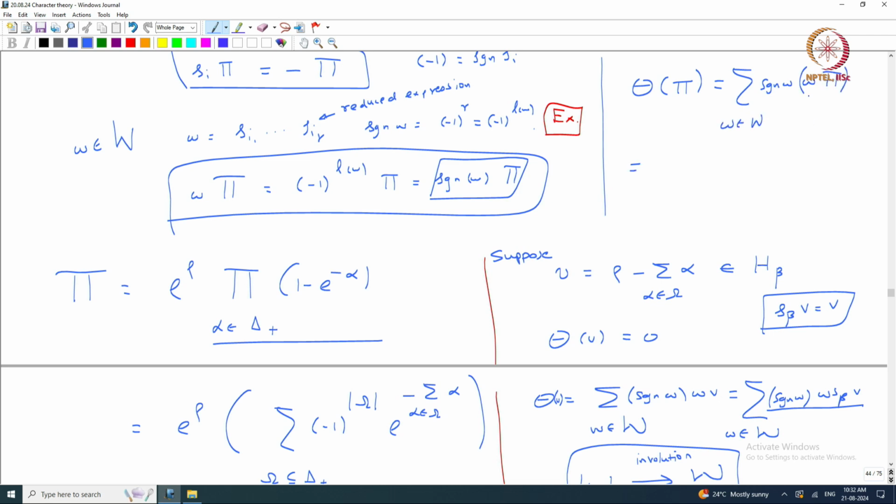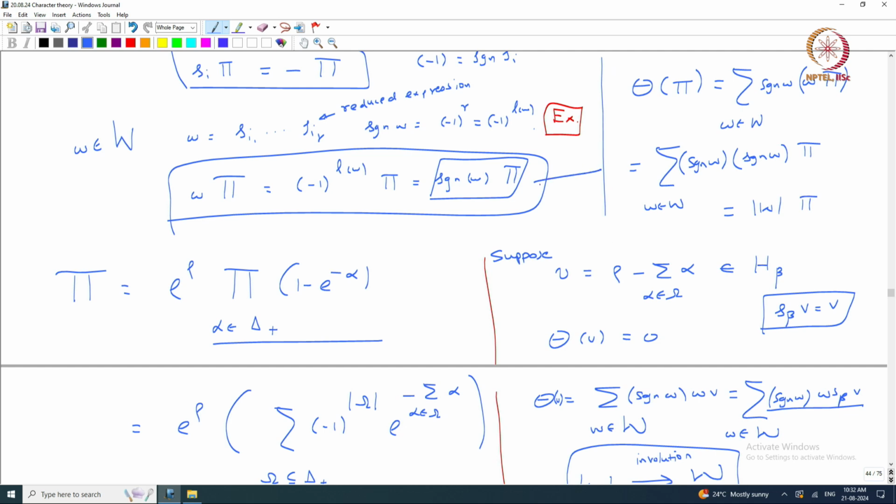So, then you get w pi is nothing but sine pi w. So, summation sine w times sine w, pi w in W. So, you get exactly the cardinality of W times pi. So, this is something we already have. Okay.